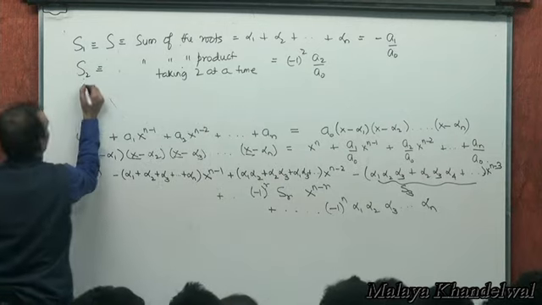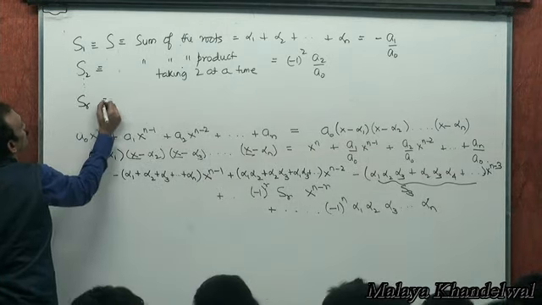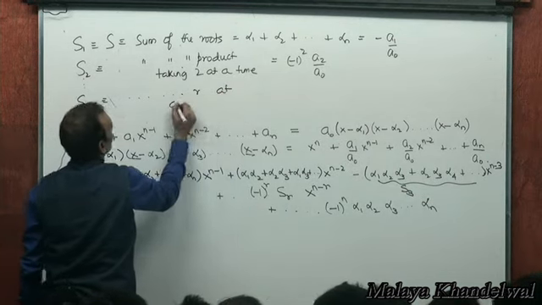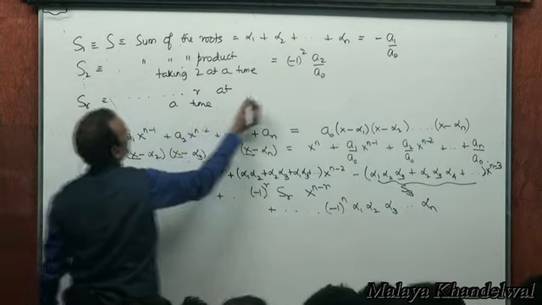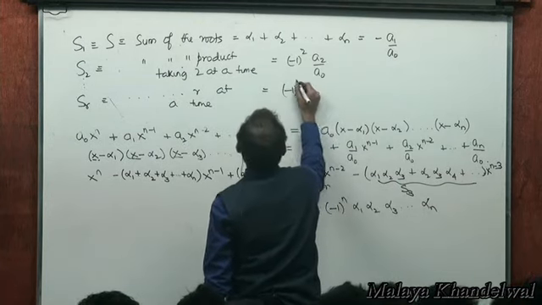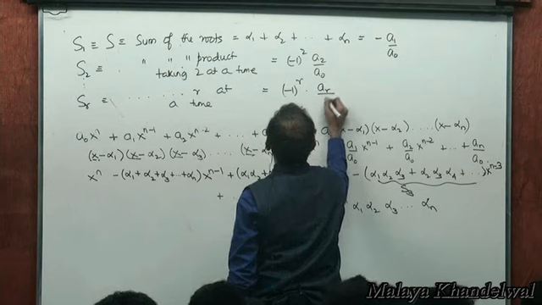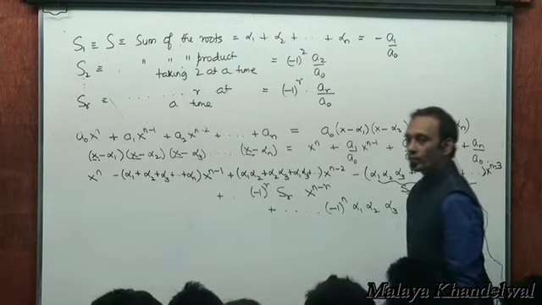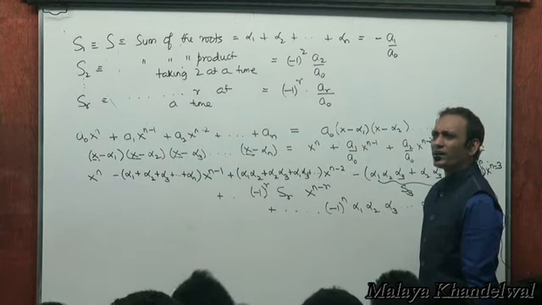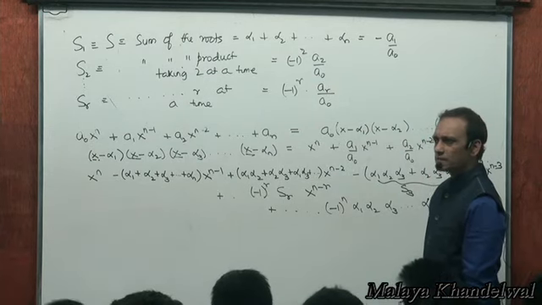Going this way, Sr, sum of the product taking r at a time, would be minus 1 to power r ar by a0, equating coefficient of x power n minus r on both sides.